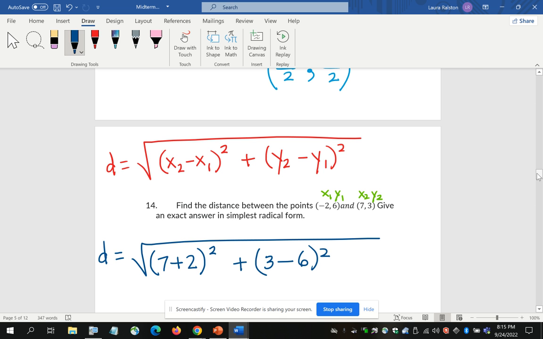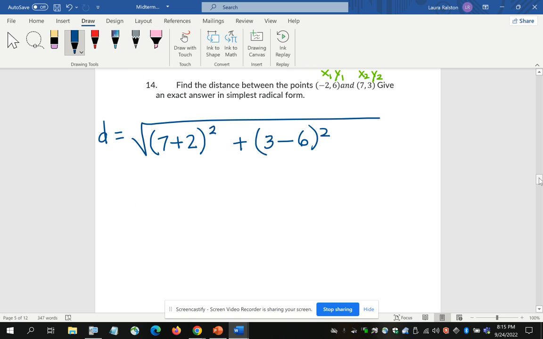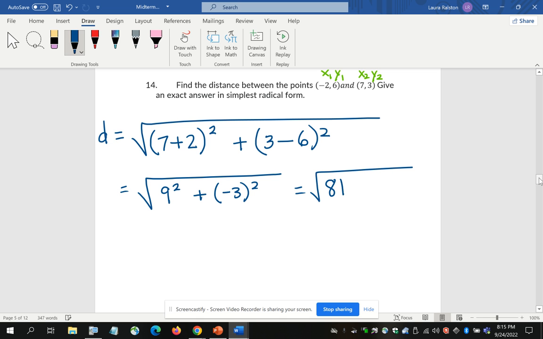Again, if you have trouble doing the addition and subtraction, guys, please don't be ashamed to use the calculator. So we have the square root of 9 squared plus negative 3 squared, which is 81 plus 9, which is the square root of 90.